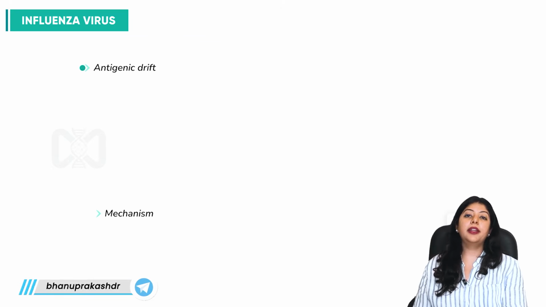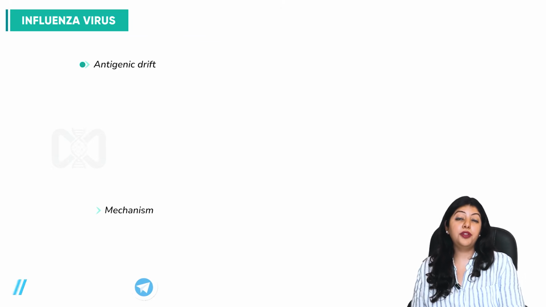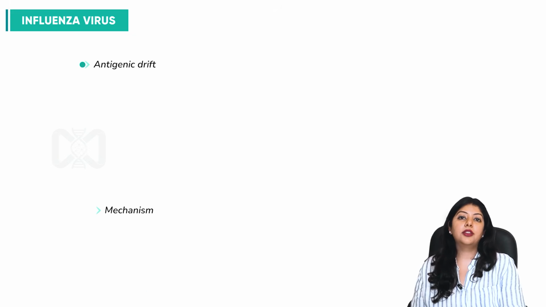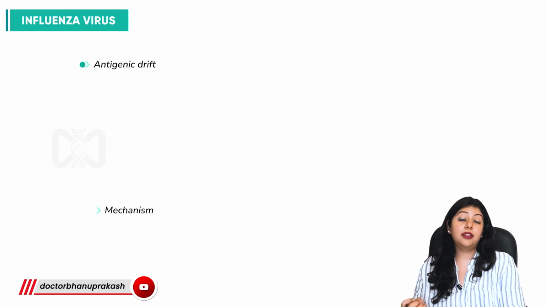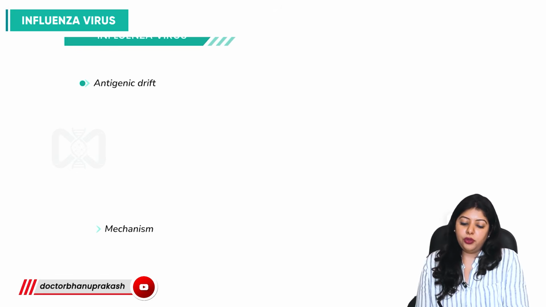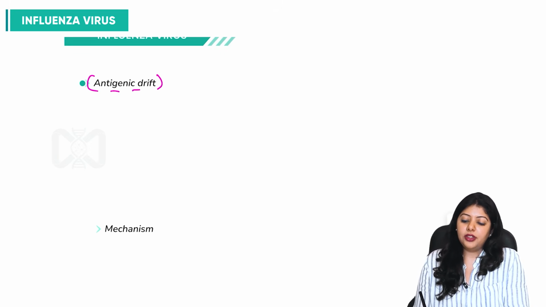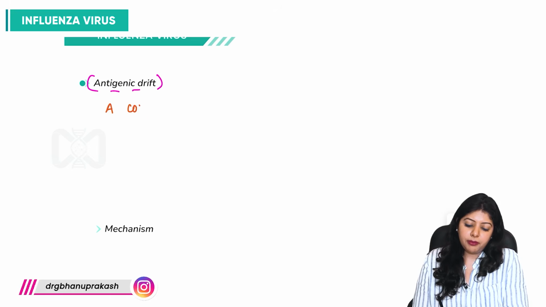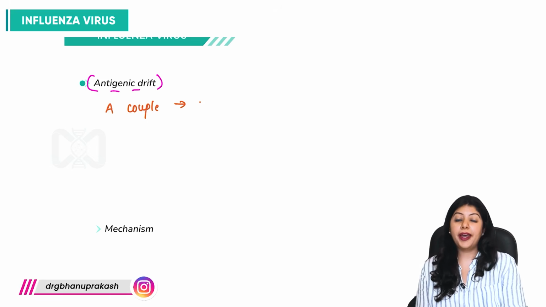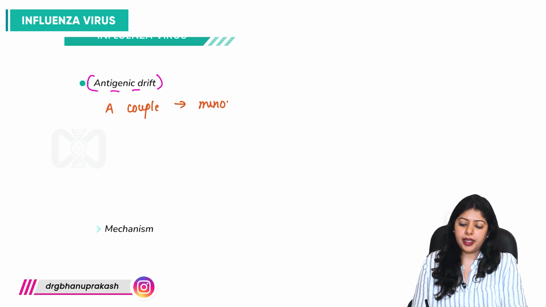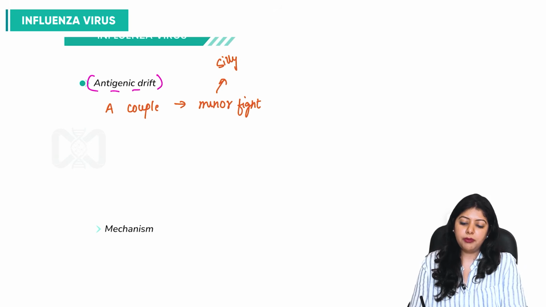So now to understand the mechanism of these different variations, let us first consider two important stories and take these stories into the mechanism to better understand them. So let's first talk about antigenic drift, and we are considering here a couple who has minor fights, taking into consideration silly points or topics.